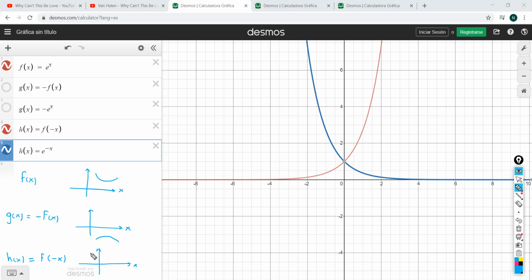So it's going to look more or less like so. We had it here, and now it's going to appear here. That's what it means to be reflected about the y-axis. So this is what is known as reflections, guys. This is a reflection about the x-axis, and this is a reflection about the y-axis. That's how it works. Very simple stuff.